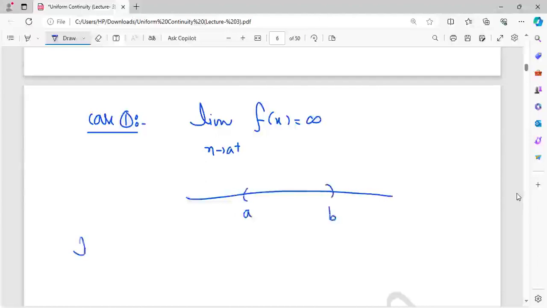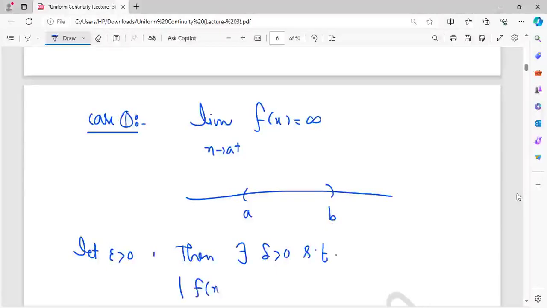Let epsilon greater than 0. Then there exists a delta greater than 0 such that |f(x) minus f(y)| less than epsilon for all x, y belonging to (a, b) such that |x minus y| less than delta. Okay.